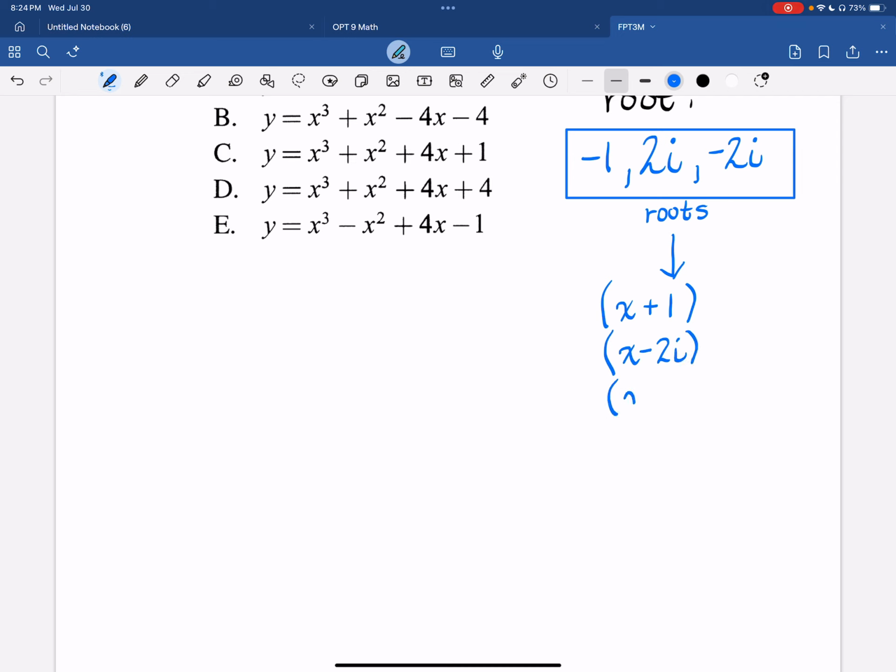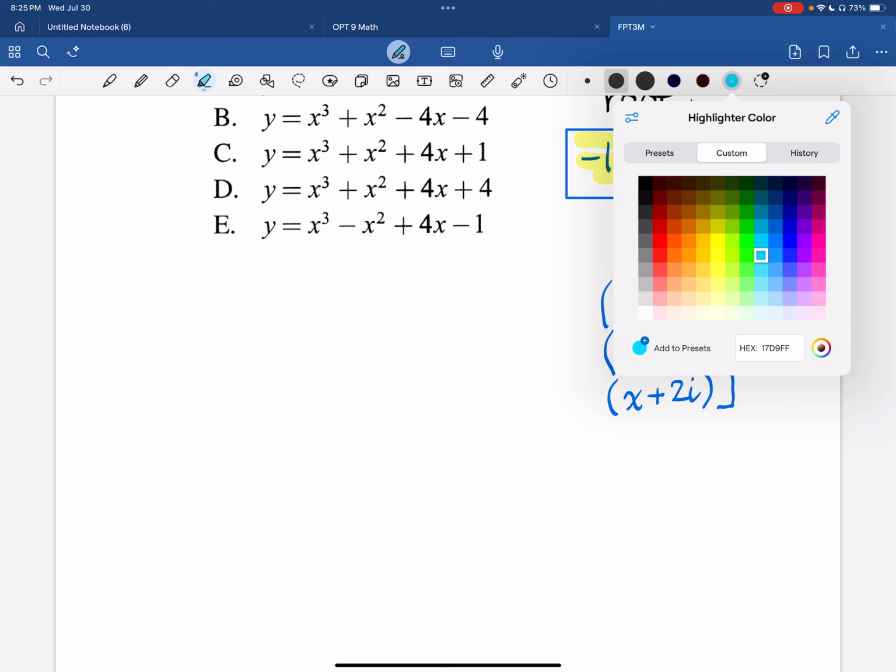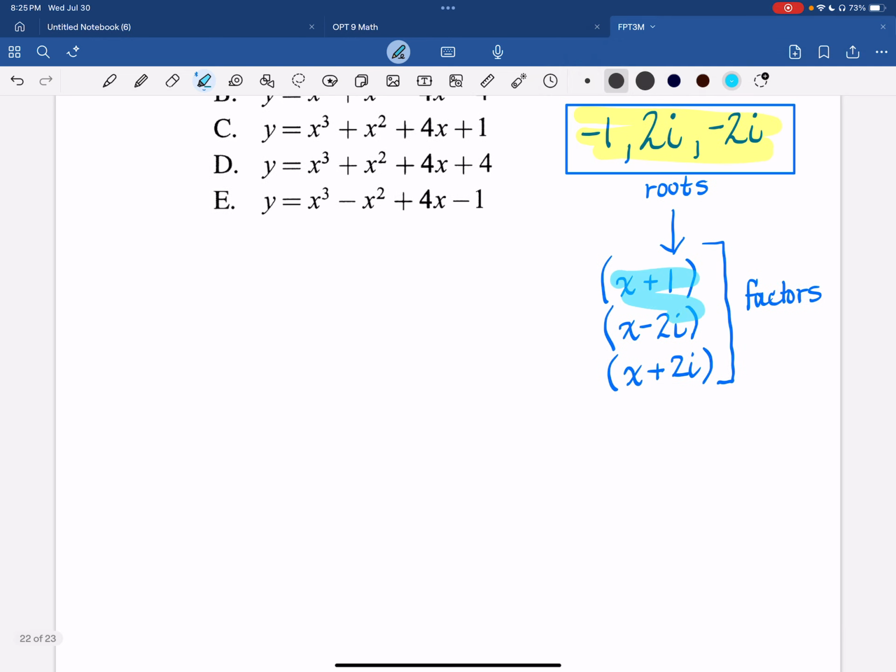And if -2i is the root, the factor would be x plus 2i. So once you get the roots, that leads you to the factors. So step 1 is this part, getting the roots. Step 2 is this part, getting the factors. And then we're ready to move to the next part.